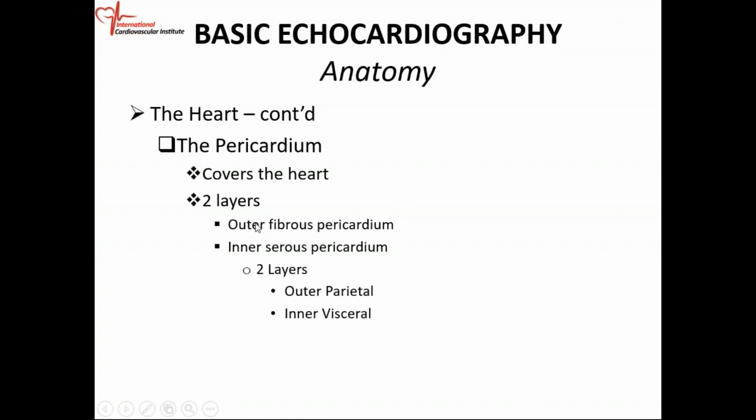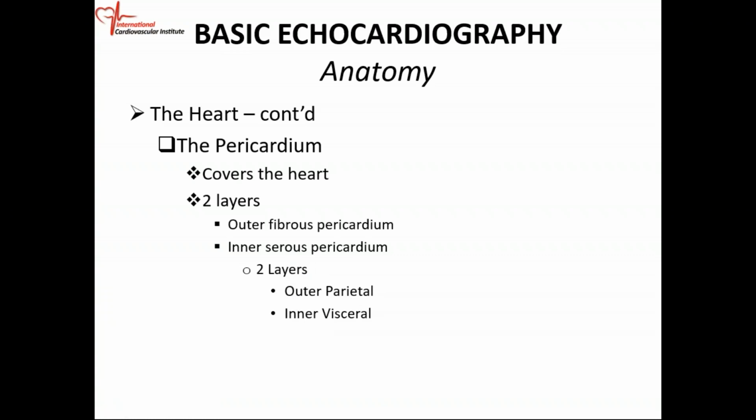The outermost layer is what we call the fibrous pericardium, and the innermost layer consists of two layers. So there are two layers, an outer and an inner, and the inner is actually two layers. The outer layer is the fibrous pericardium, and the inner layer is comprised of an outer parietal and an inner visceral.